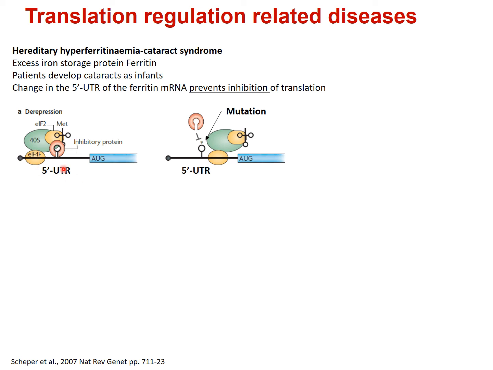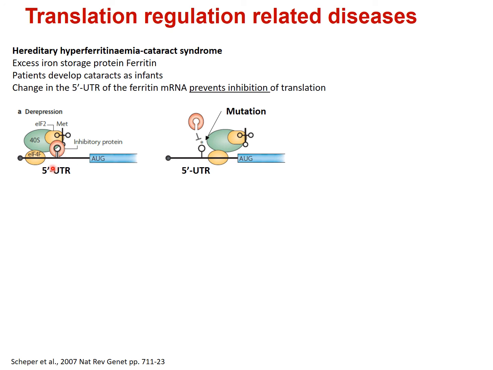So normally, here's our messenger RNA. Here's the 5' untranslated region. We have a ribosome and initiation factors binding to the cap and scanning, and here's a start codon. There's a protein that sits there and prevents the ribosome from getting to the start codon. All right, and this is regulated, and so when translation needs to occur of this gene, this protein gets removed.